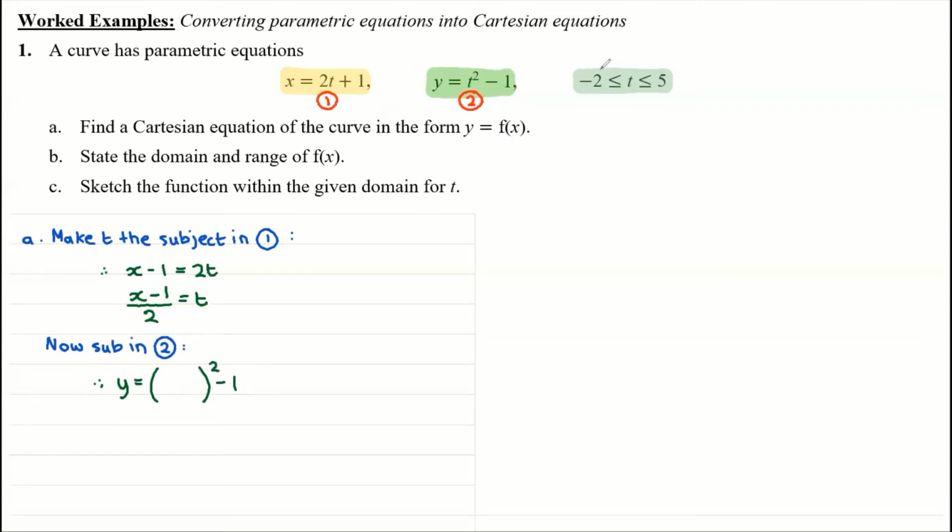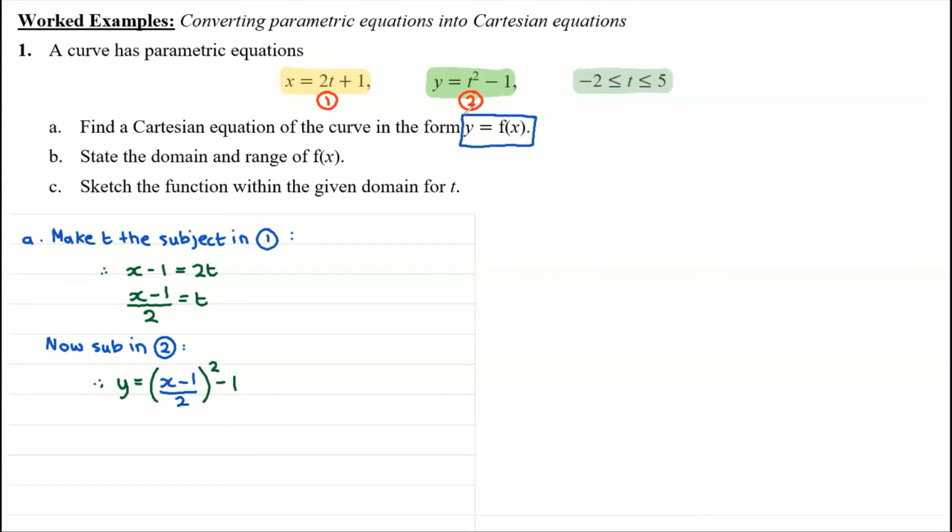And we know from the previous step, t is equal to (x subtract 1) all over 2. Now, that is a Cartesian equation. You can leave it like that if you want to. If it's not asking you to write it in a particular way, you can leave it as it is. Now, in a sense, it is asking you to write it in a particular way because it says y is equal to f of x. So what that means is that y has to be the subject of your equation, but that's no problem.